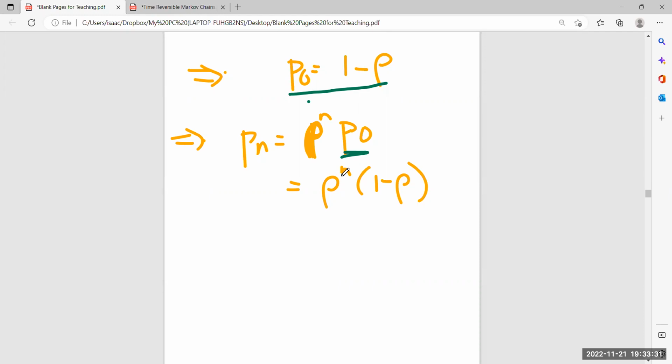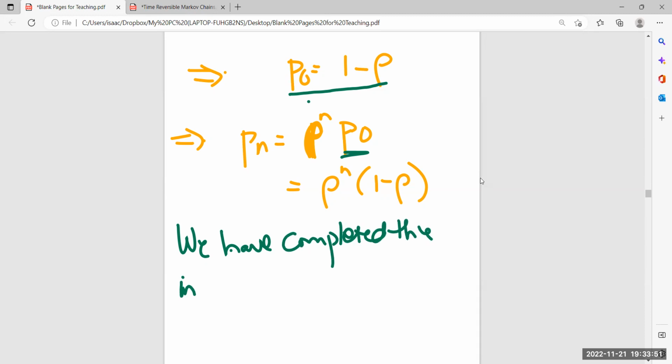So the first term that we spoke about is that when we arrived at this point here, this was like the intermediate step, right? And then we're going to use this step now. So we have completed the intermediate step.